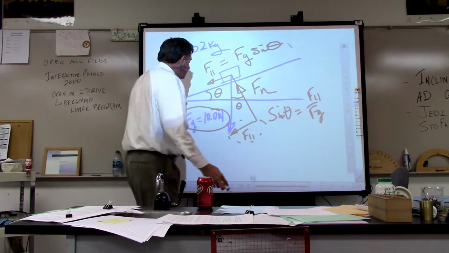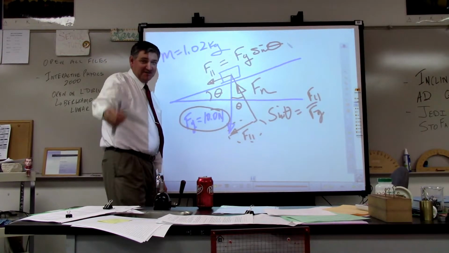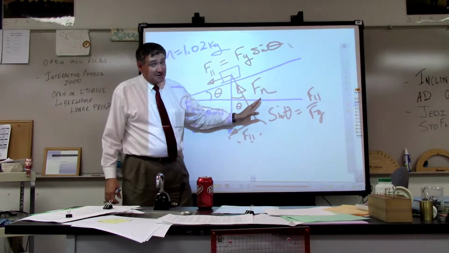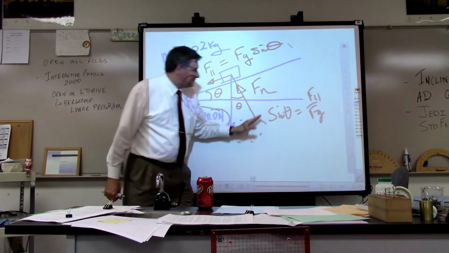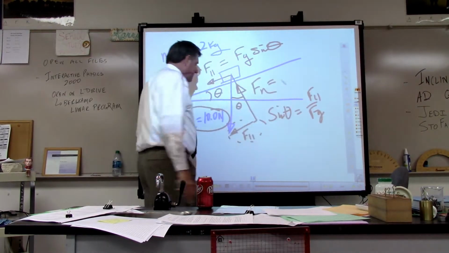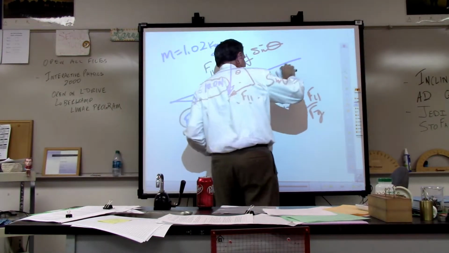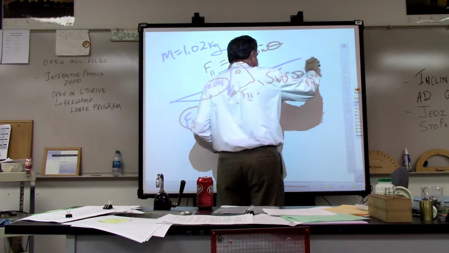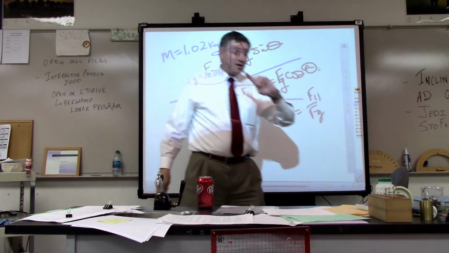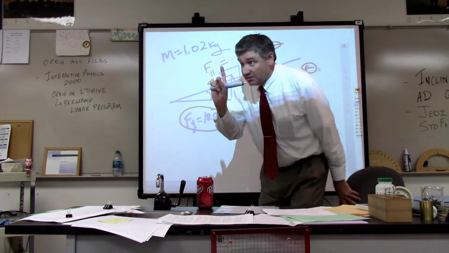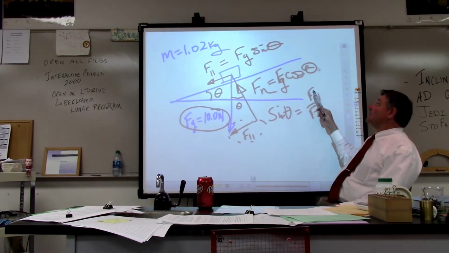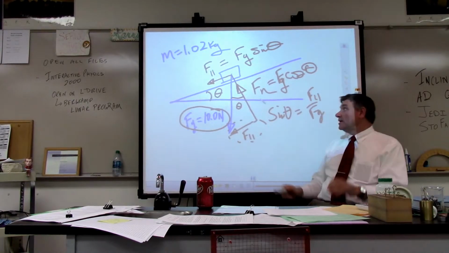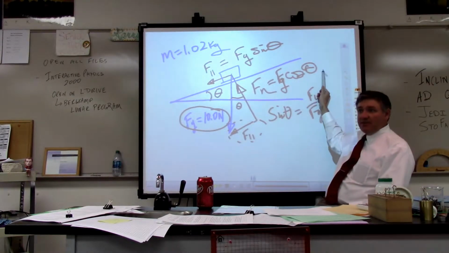Okay? Now, Miss Treadway, if I use sine to get my parallel, for my normal I'm going to use cosine. So my normal is going to be Fg times the cosine of theta. Now, back on the very first day when we started looking at forces, I said this is how you technically calculate force normal, that it's Fg cosine theta.